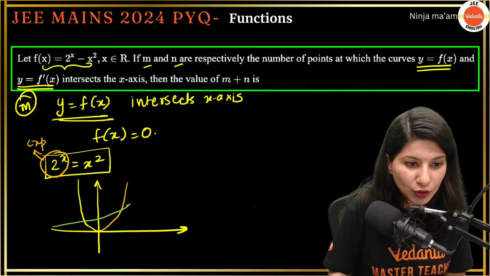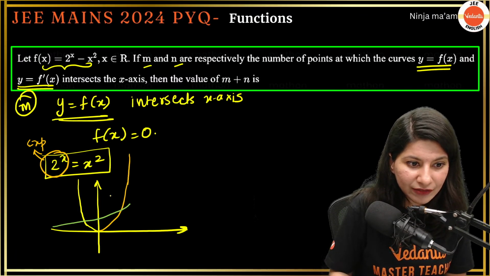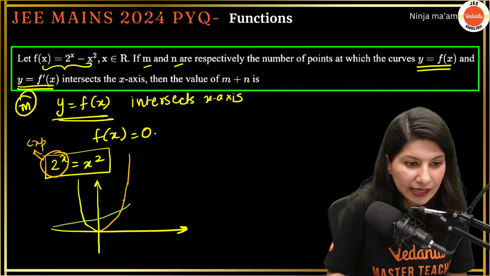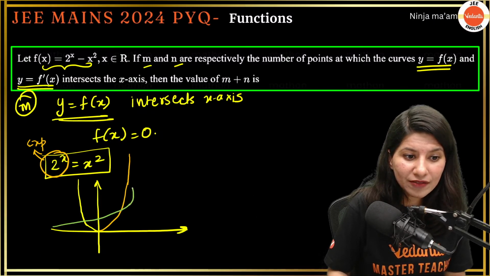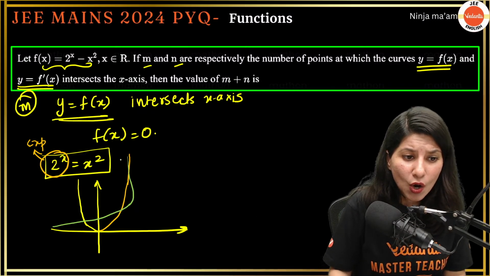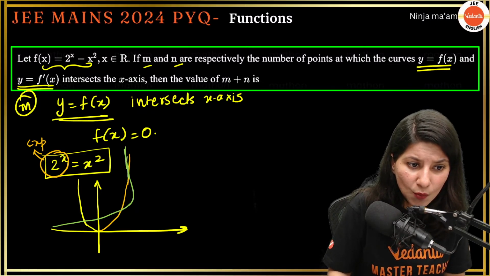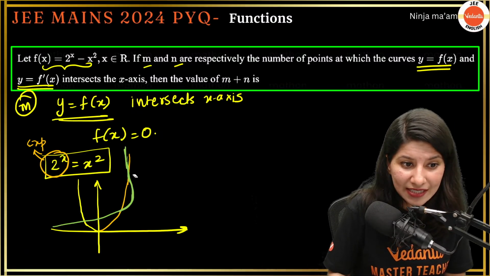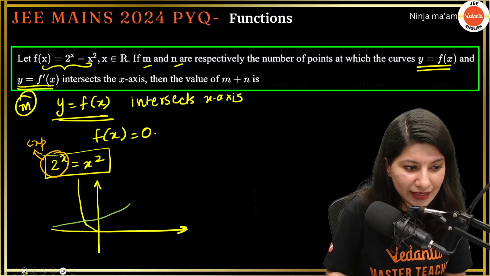So if I want to draw the curve after a certain point, an exponential function always works like this: it will go higher, it will grow faster. Exponent is the fastest growing function. You should be knowing that, okay?